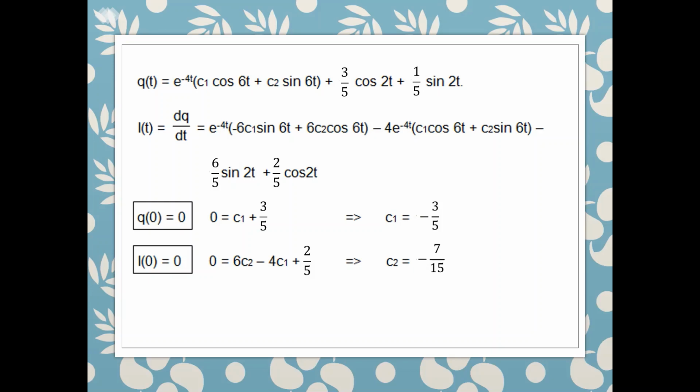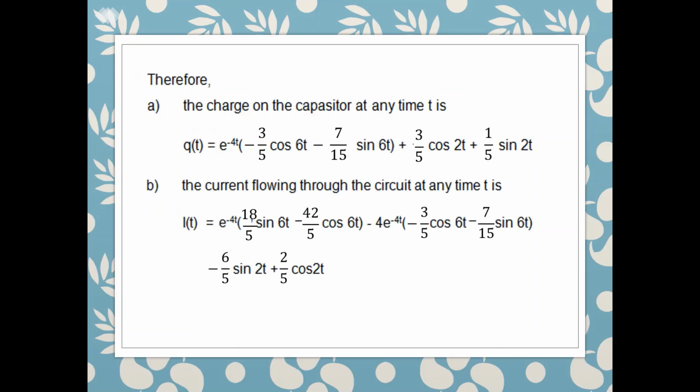You will get the answer for c1 is equal to negative 3 over 5 and c2 equal to negative 7 over 15. Substitute this value back into the equation of q and i with respect to t. That is how you get the following answers.